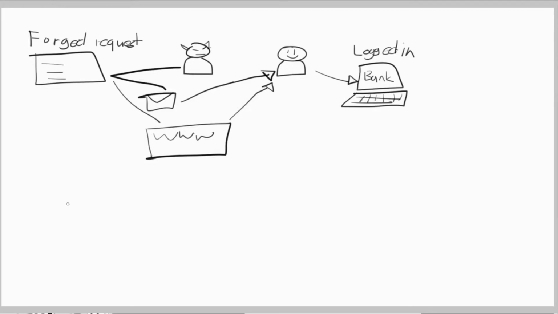Now for some bonus trivia. Back in 2010, Twitter was exploited through a CSRF vulnerability. Fortunately, I guess for them, this was only used for trollish games. And eBay had its share of CSRF attacks back in 2013.